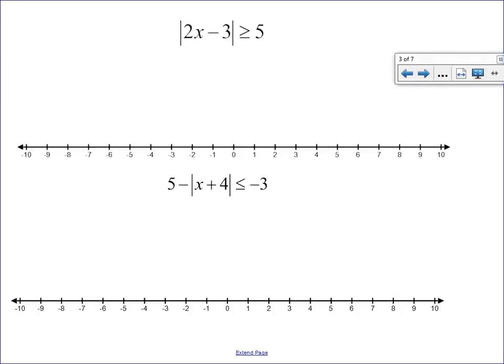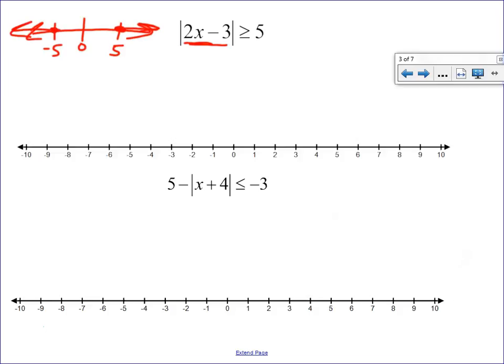So let's take a look at our first example: the absolute value of 2x minus 3 is greater than or equal to 5. I'm just going to sketch out what we're looking at here. If we're at 0, whatever's in here we don't need to worry about yet, but our absolute value is greater than or equal to 5. So at 5 and at negative 5, the values will go beyond those 2 points.